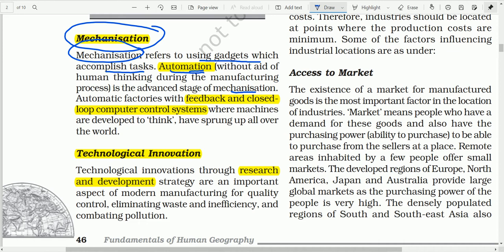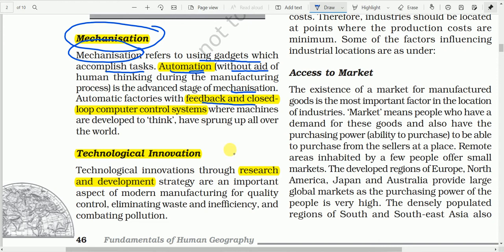The machine will perform the particular task without the aid of human thinking. That is known as automation. Automation refers to the integration of machines into a self-governing system, that is without the aid of human thinking. So automation is there in the case of modern large-scale manufacturing, and in the automatic factories.